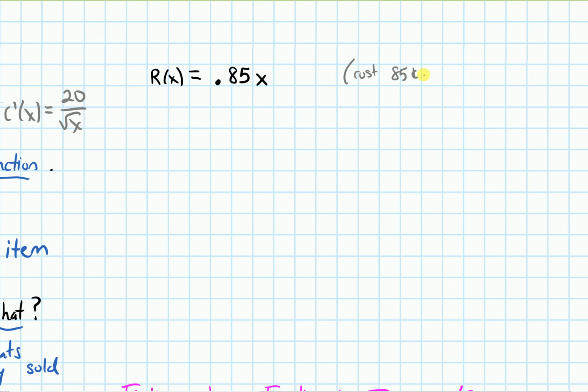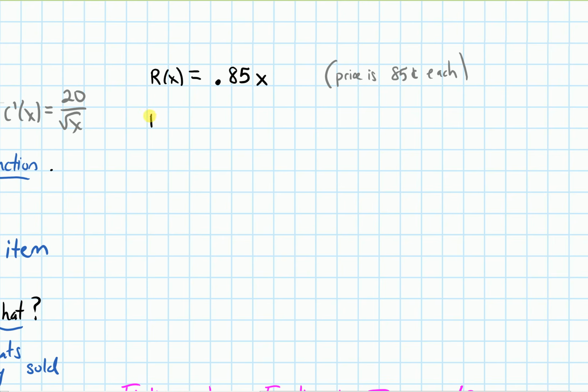Maybe a better word is the price is 85 cents each. I don't want to confuse this quantity, the 85 cents, with the cost function, because the cost function is the cost to the student store. This represents the cost to the customer, which is a different thing. All right, so we have the revenue function.